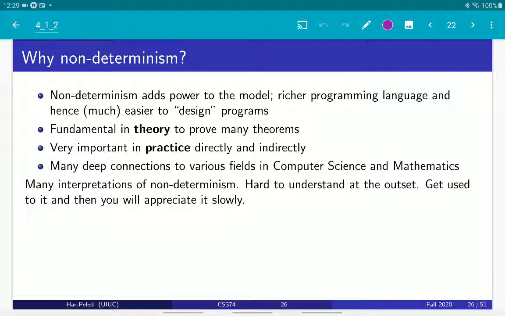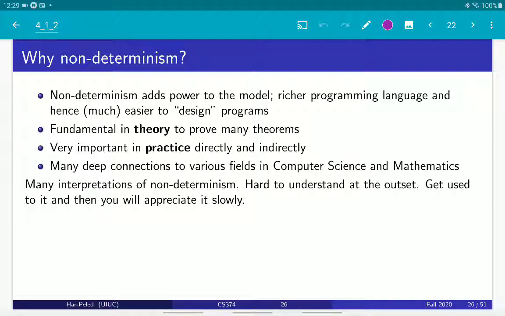Okay, why non-determinism? Non-determinism turns out to be very important in theoretical computer science. We will encounter it again at the end of the course when we speak about NP-completeness and NP-hardness. The way to think about it is that it makes the computation model stronger.